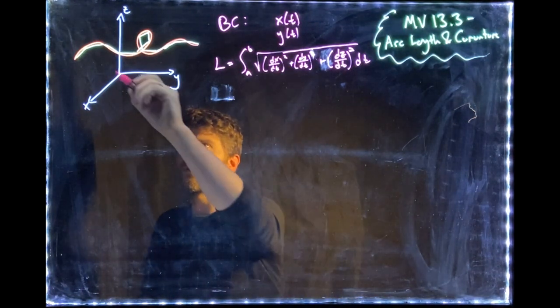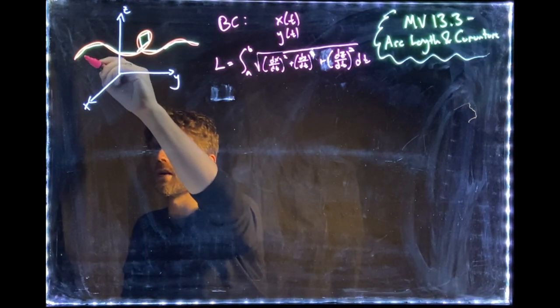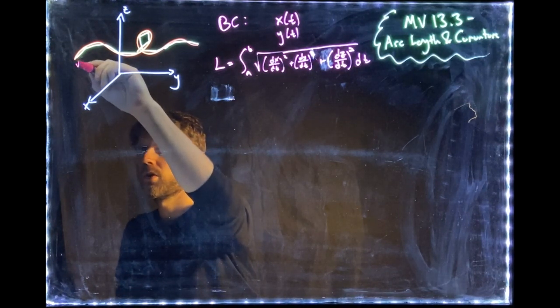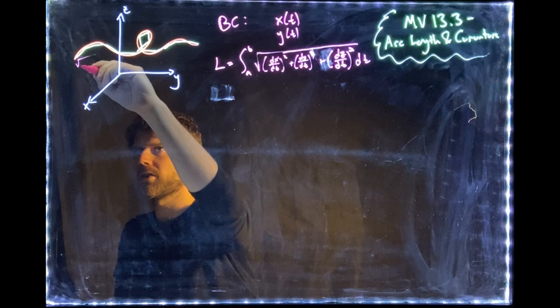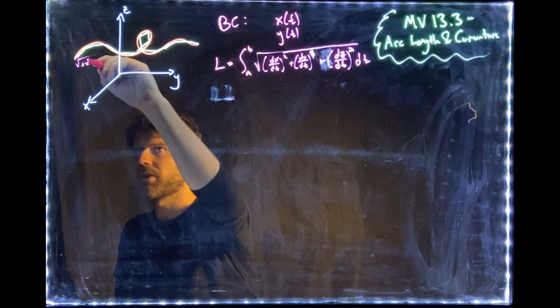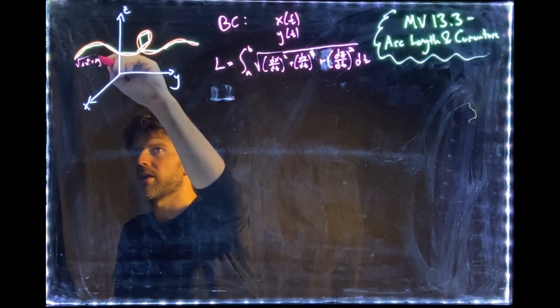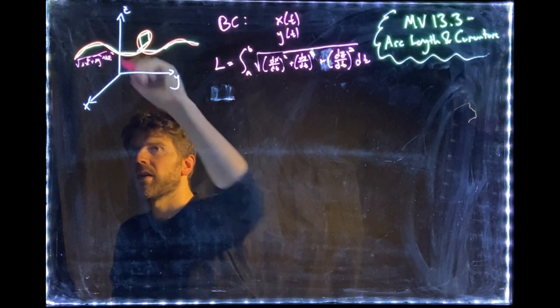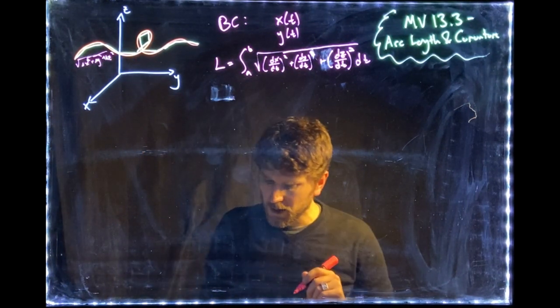And what's the length of this little line segment? Well, it might be delta x squared plus delta y squared plus delta z squared. And so we're going to do that.